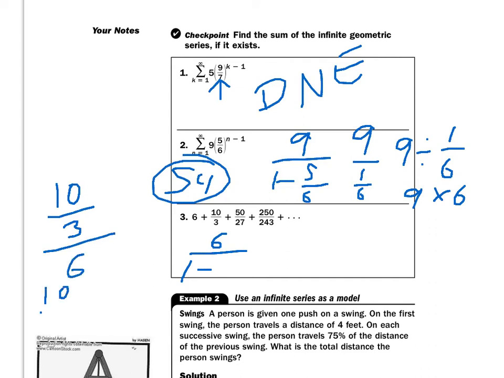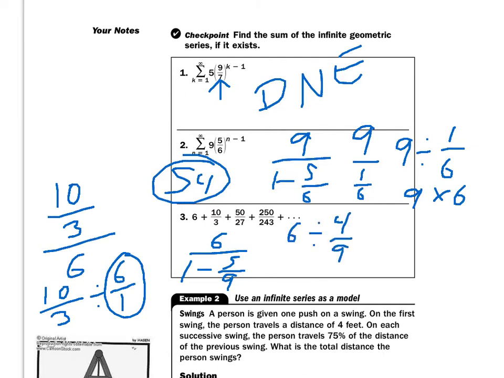Well, 10/3 divided by 6 over 1, or 1/6, ends up being, when we flip this over and then multiply them, 10/18 or 5/9 right here. Okay, which means 6 divided by 4/9, because 1 minus 5/9 is 4/9, or 6 times 9/4.